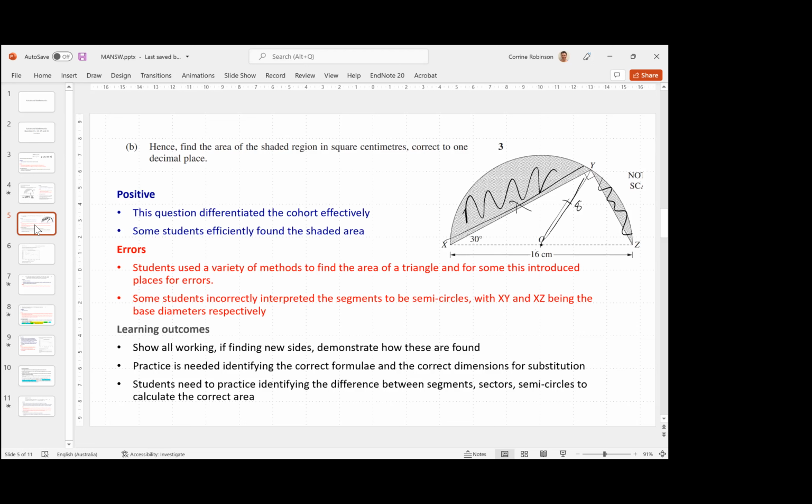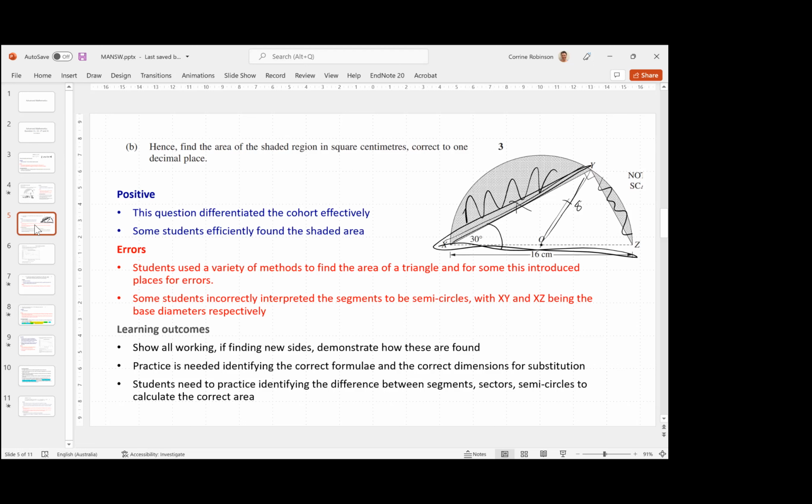So they really need to identify the correct formula. And then the next thing I think is identifying what dimensions would go into that formula. So if I'm using a half AB sine C, then I need to be using the two sides, either side of the angle, not something else.